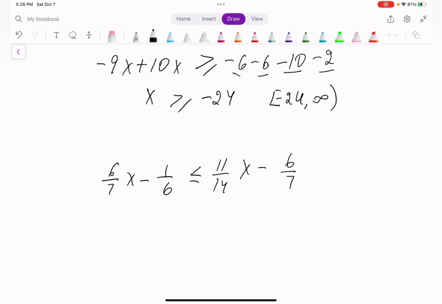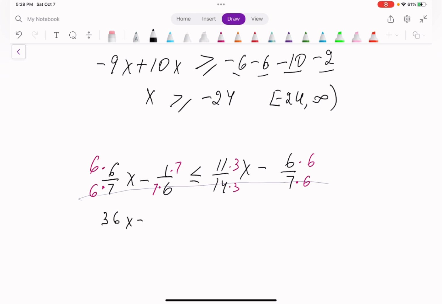We have 7, 6, and 14. 14 times 3 is 42. To get 42, this one we multiply by 6, this by 7, this by 3, and this by 6. So 42, 42, 42, 42, dropping the denominators.